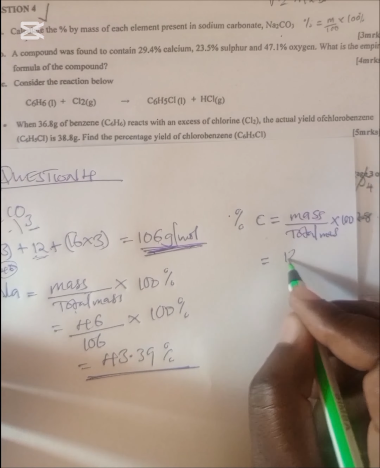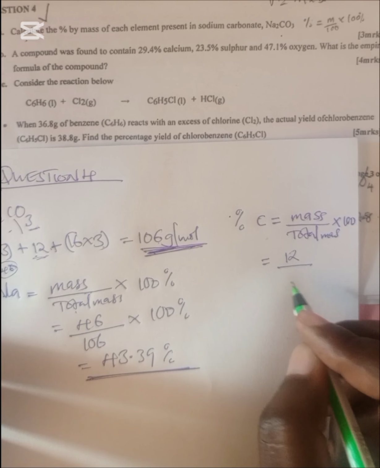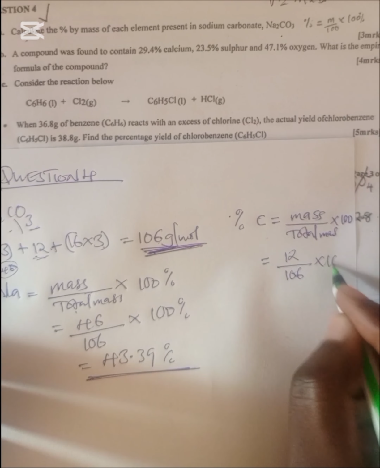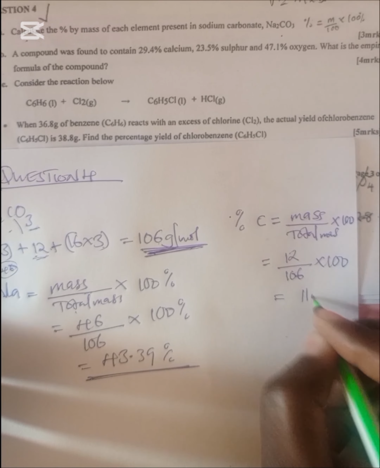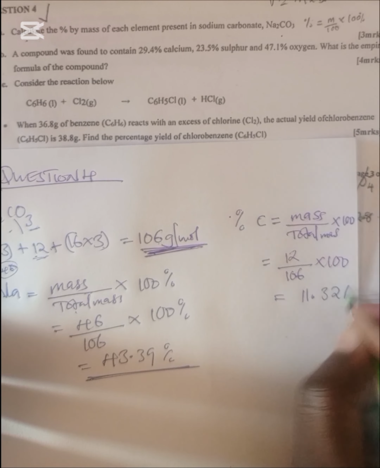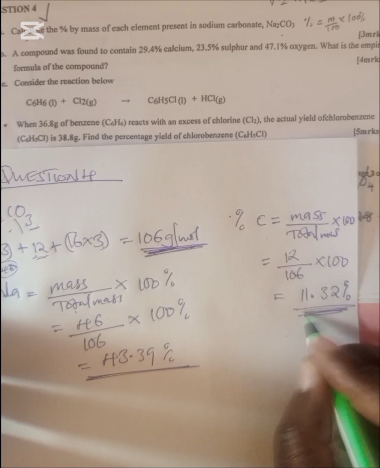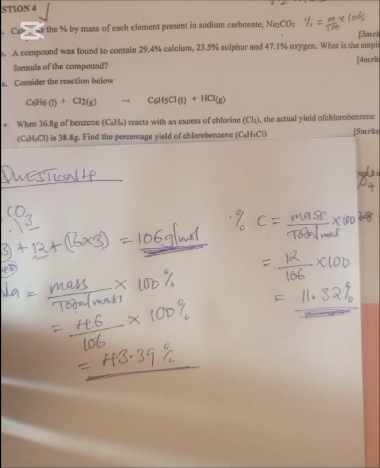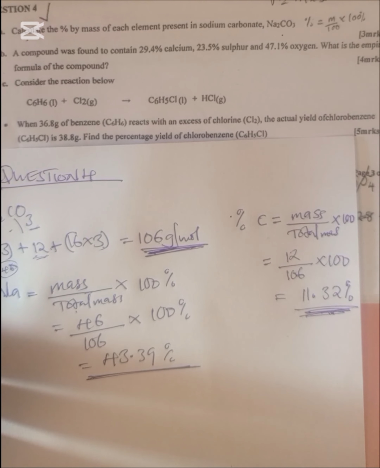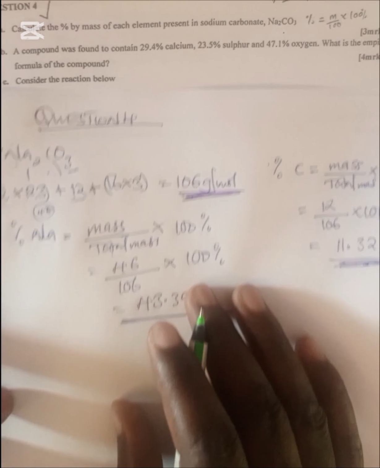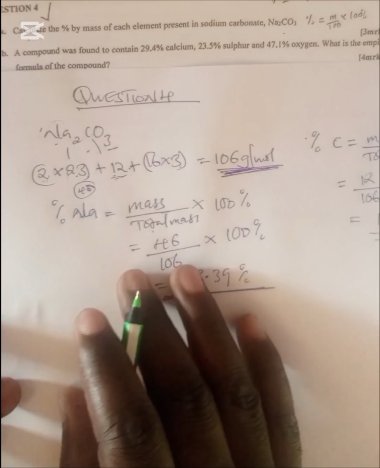So we're going to put 12 here over the total mass, 106, multiplied by 100. 12 divided by 106 multiplied by 100 is giving us 11.32%. So this is the percentage of carbon in sodium carbonate.